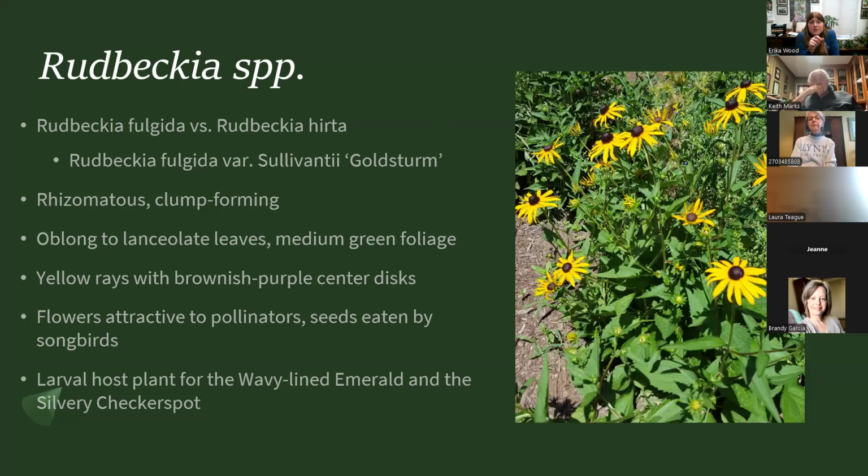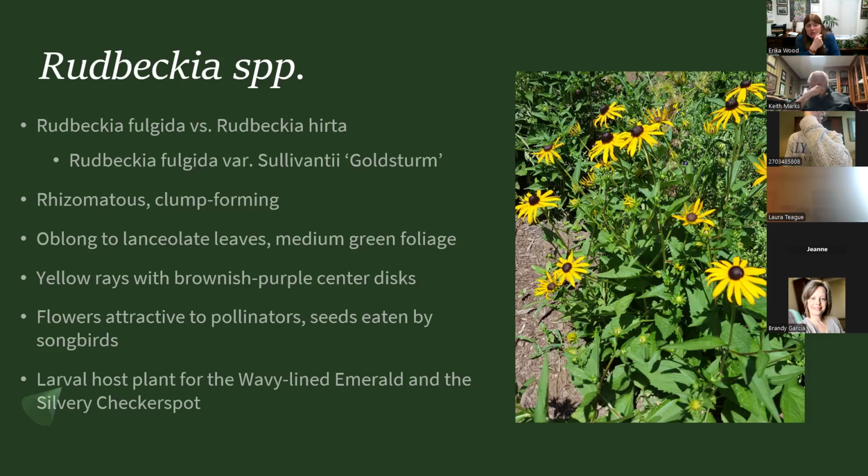One thing I also wanted to mention with Rudbeckia fulgida is that one of the more common cultivars on the market is called Gold Storm. That is a tried and true cultivar, one that is always going to fare very well in our garden beds. It's still really good at attracting our pollinators, and our goldfinches and other songbirds really appreciate the seeds.